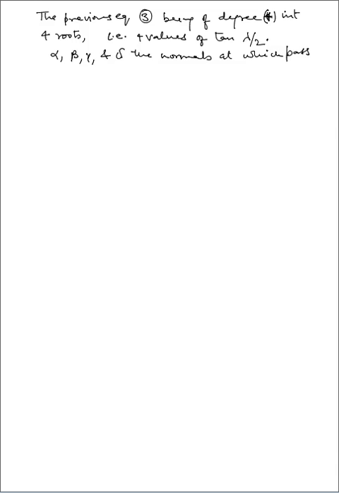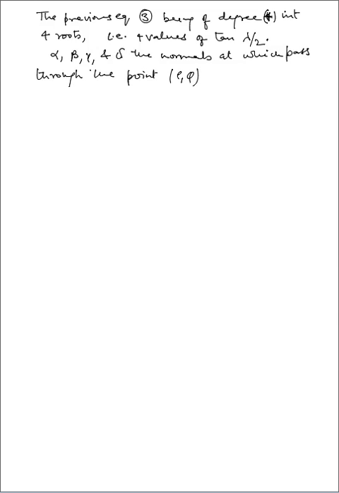So 4 values of t, and these are 4 values of tan lambda by 2, because t is tan lambda by 2. Thus there are 4 points on the conic, say alpha, beta, gamma and delta, and the normals at which pass through the point rho, phi.